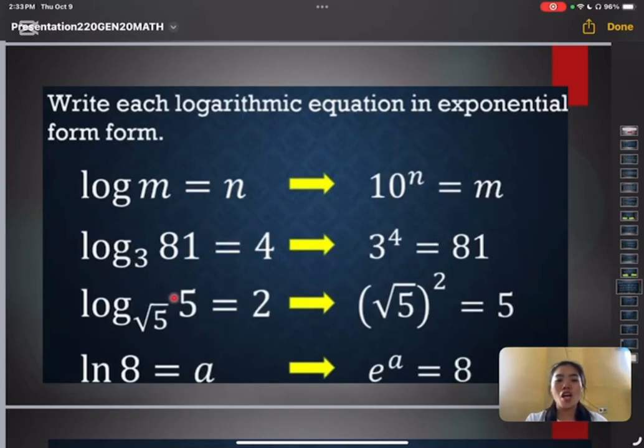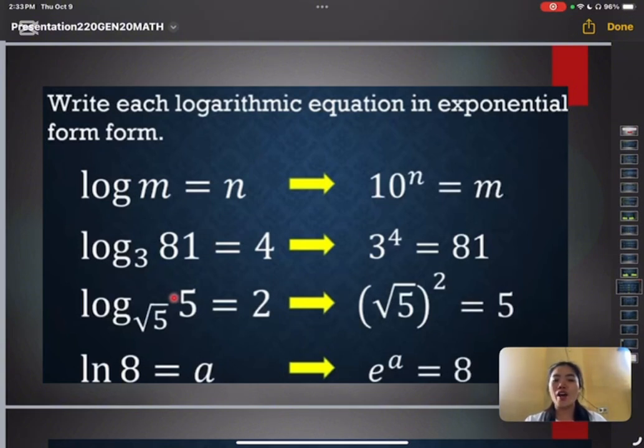If we have log m is equal to n, since there's no base, that's understood that the base is 10. That's under common logarithm. So the base is 10, so you have 10 raised to the power of n is equal to m. Next would be log 81 with base 3 is equal to 4. In exponential form, that would be 3 raised to the power of 4 is equal to 81.